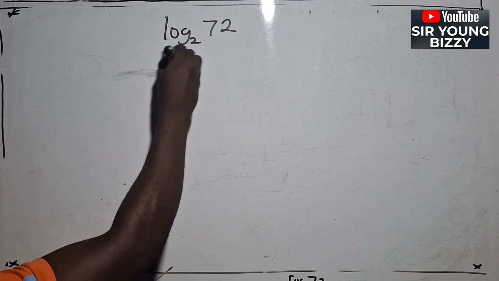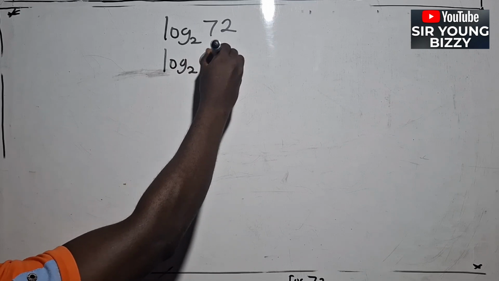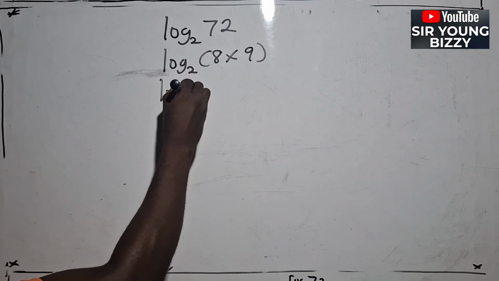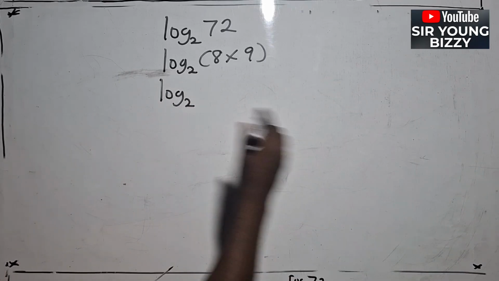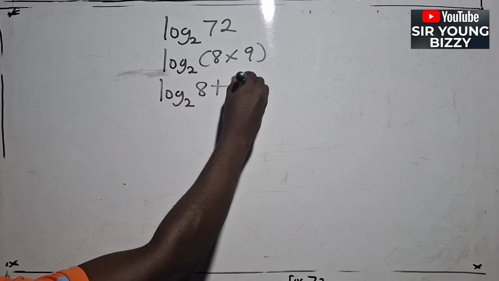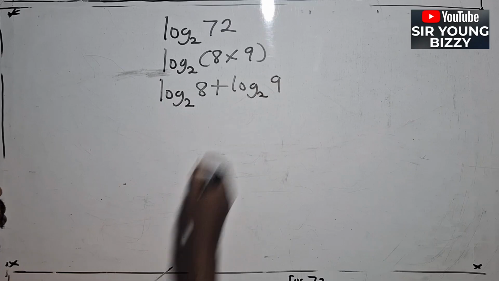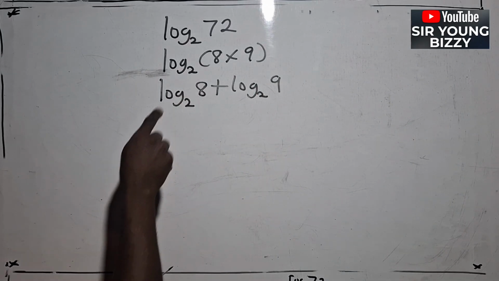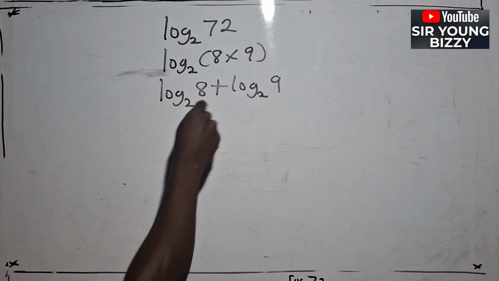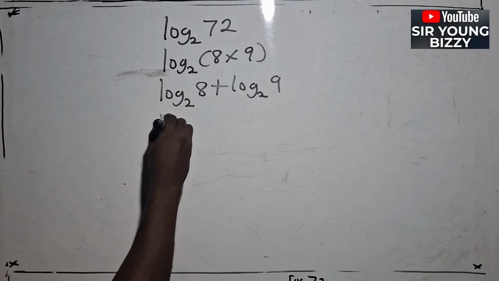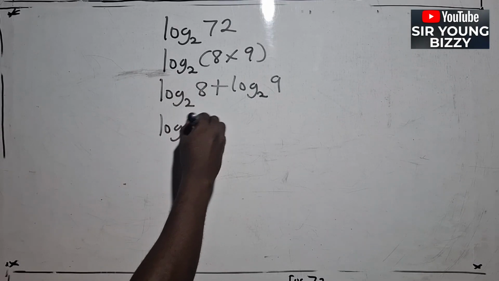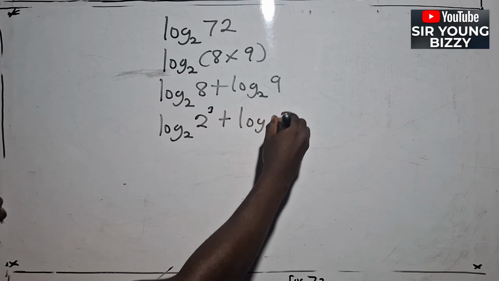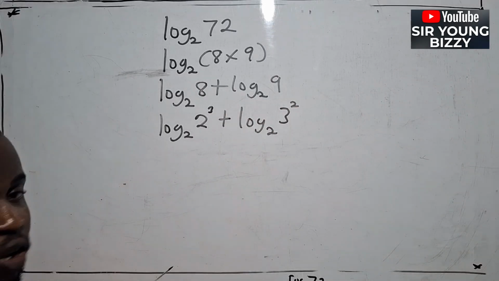So this will give us log base 2 of 8 times 9, which when you expand it, there will be the addition: log base 2 of 8 plus log base 2 of 9. Now can we express this as a power of 2, or 2 raised to the power what gives us 8? So this gives us log base 2 of 2 raised to the power 3 plus log base 2 of 3 raised to the power 2.